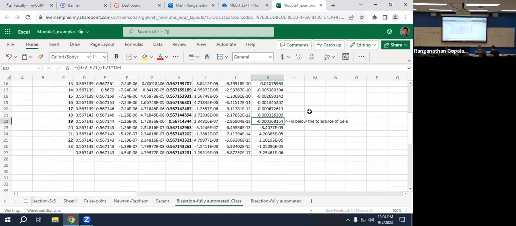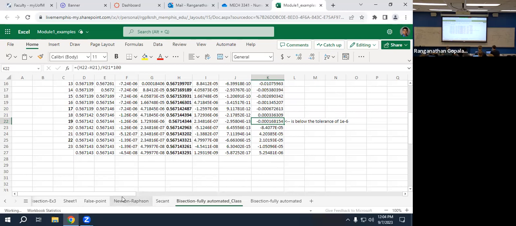The relative error in this case is minus 0.002%.